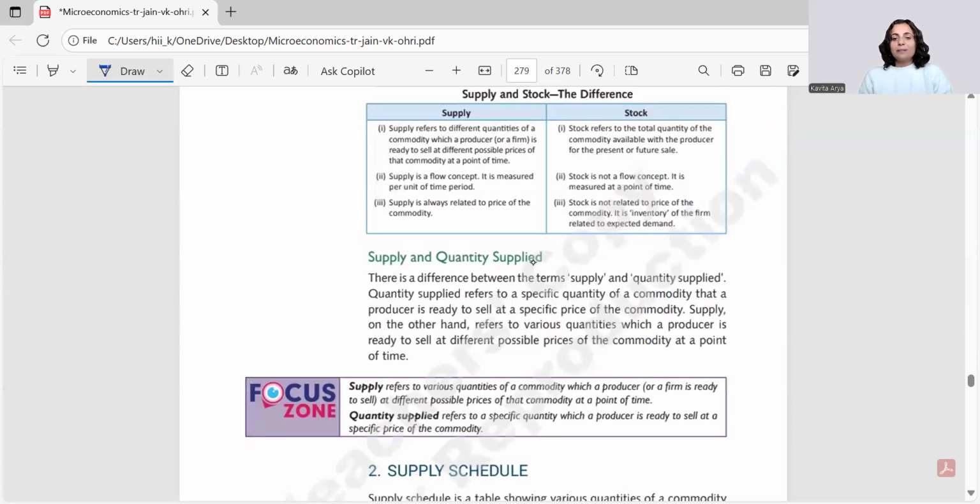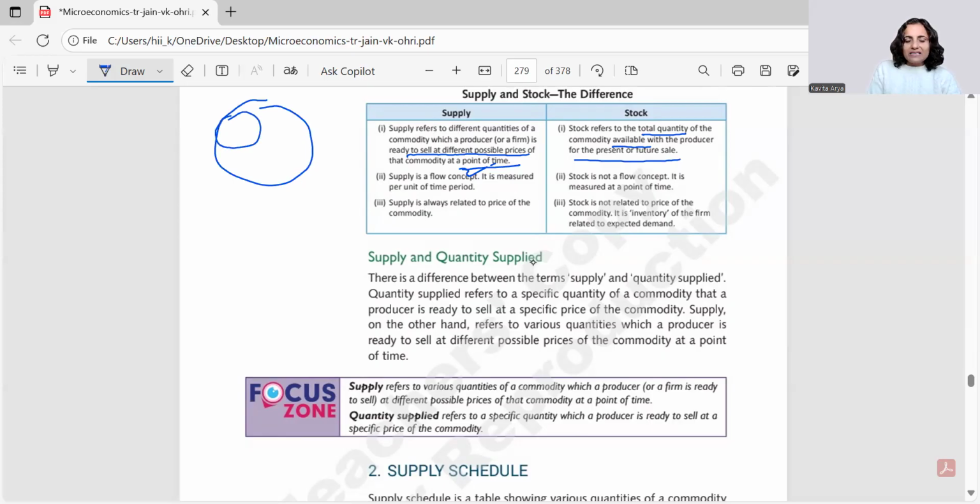Then when you talk about supply and stock, let's see. Supply is the different quantities which he is ready to sell at different possible prices at a point of time, right? And stock is the total quantities available with him for present or for future sale. As I told you, if this is the stock with him, supply is a subset.